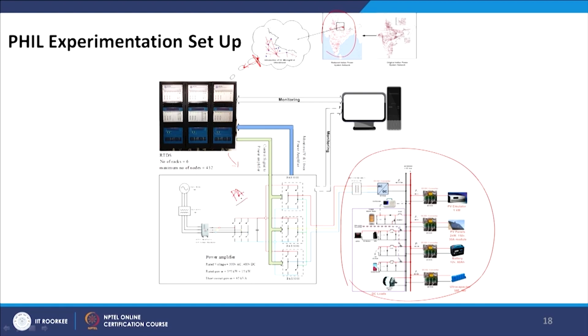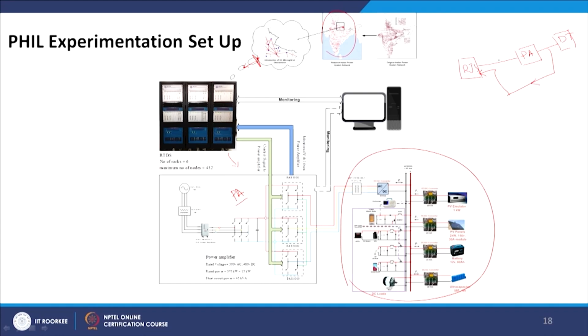Now the same closed loop setup: we have, let us say, your real time simulator, and then we have your power amplifier, then we have the device under test, all right, and further we can give a closed loop signal to my real time simulator.